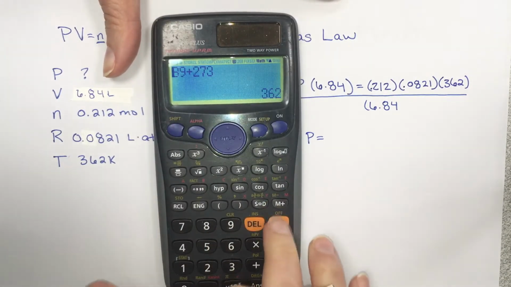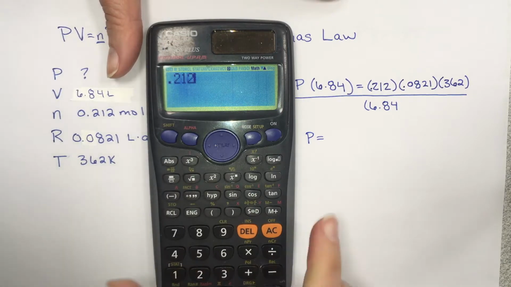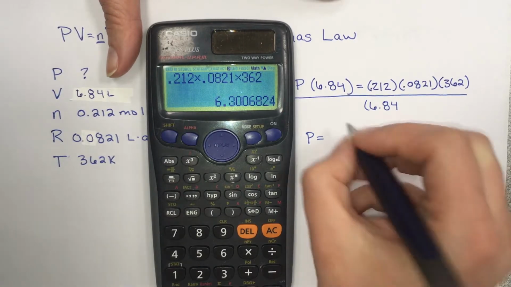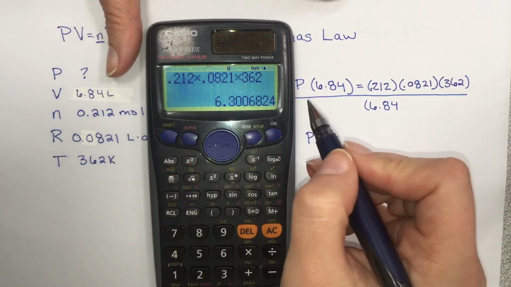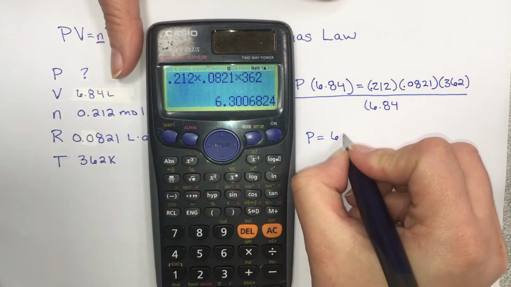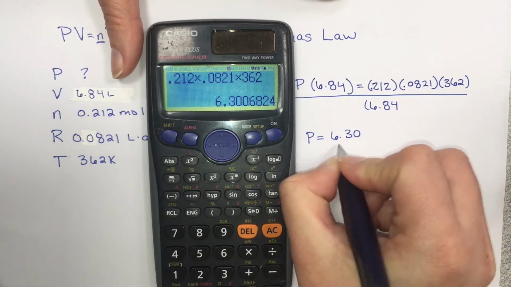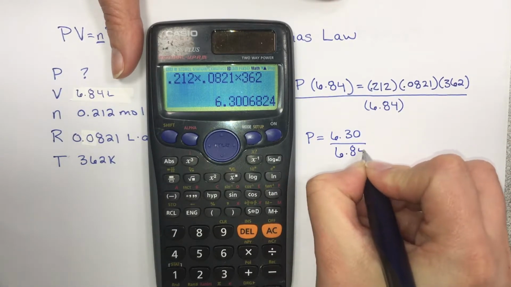So let's shorten this up a bit so I don't have to write so much. 0.212 times 0.0821 times 362. And we have three significant figures in all of them, so that makes it easy. So 6.30 over 6.84.